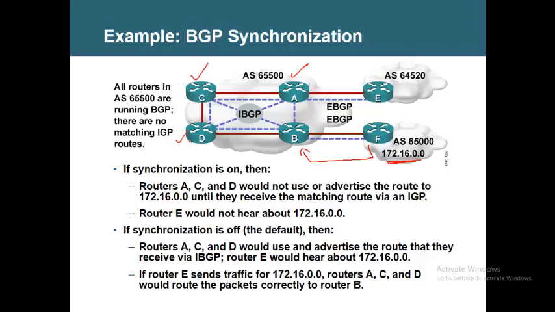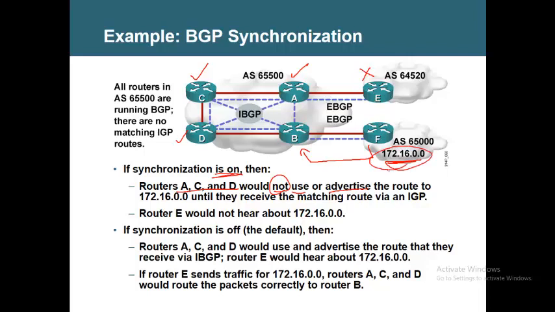C and D. If the synchronization rule is on, A, C and D should not use what B has given. Neither use it nor advertise it to anyone. As a result, E will never learn about this network.